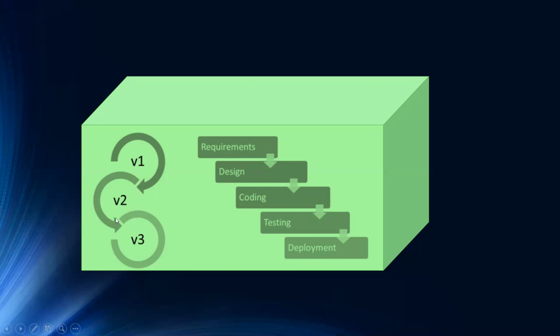Likewise, in version 2, again we will improve it, add some more features, and release version 3. So the agile model is not only incremental, but also an iterative model.